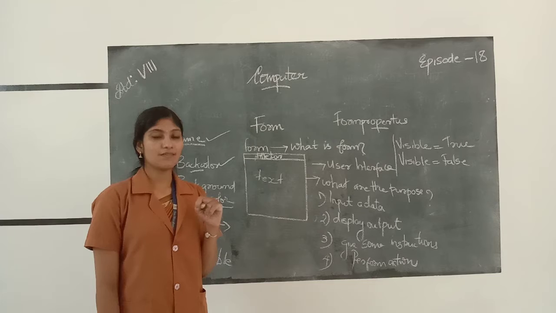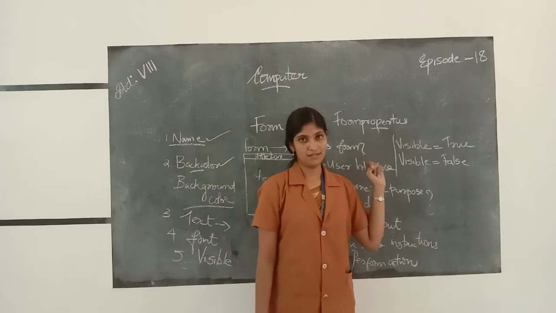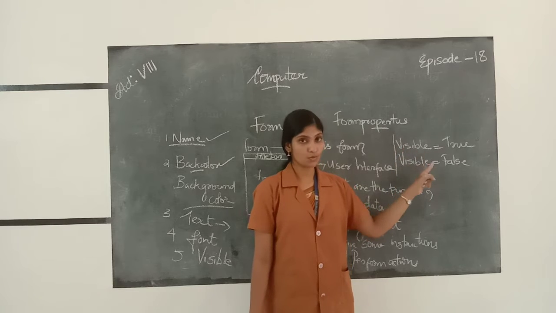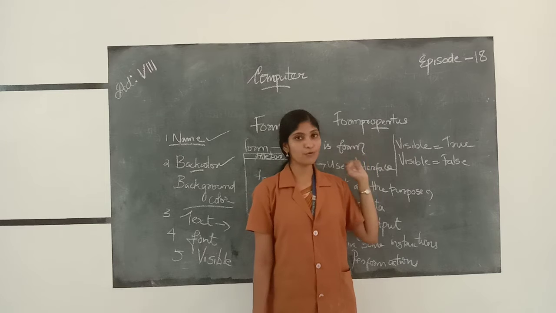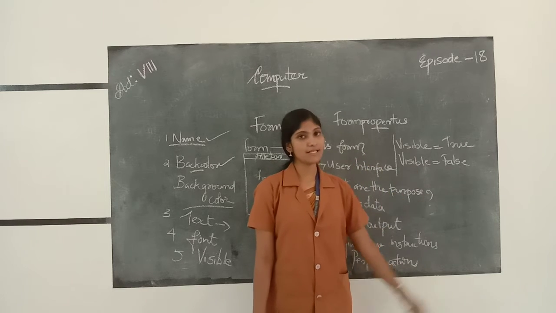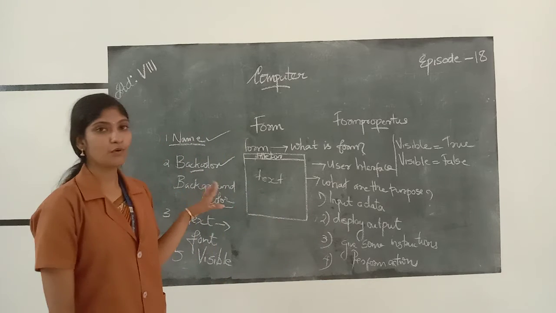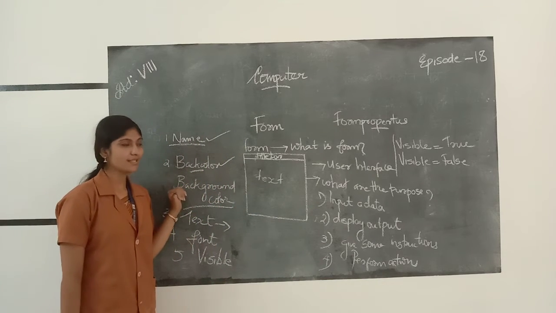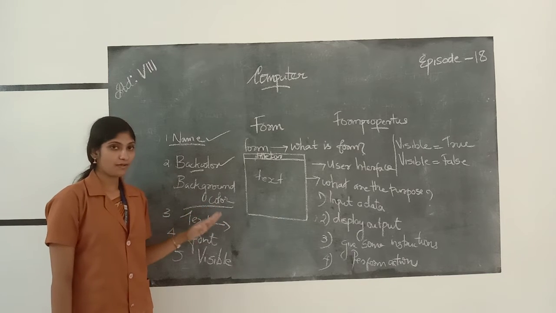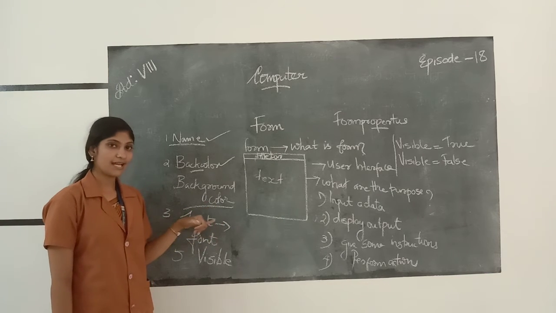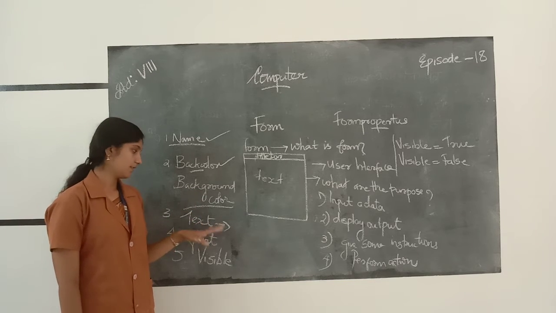Visibility can be decided using the property visible. If it is set to true, then we can display that form during runtime. Otherwise, we cannot. That means the user cannot see that form on that screen, right? So visible is a property that decides the visibility during runtime.